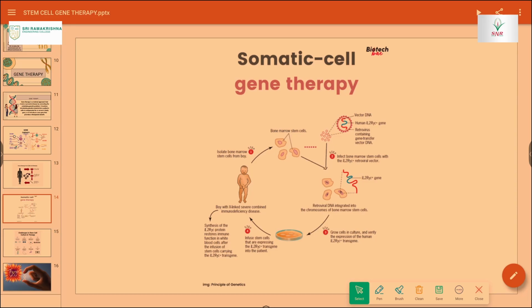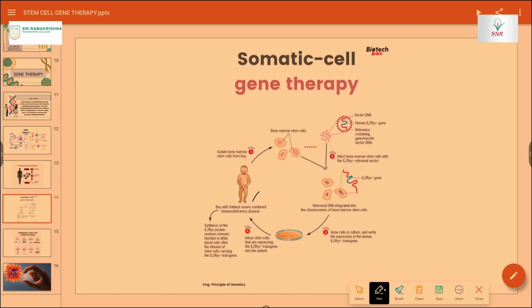Here somatic cell gene therapy is also there. Again, this is a kind of stem cell therapy only. Here we can see a boy. This boy has X-linked severe combined immunodeficiency disease. X-linked, as I told you already, we have two sex chromosomes, XX and XY.